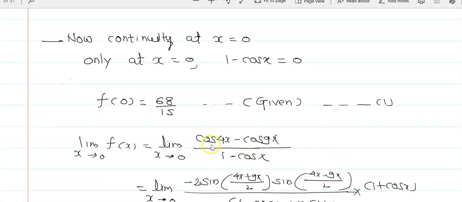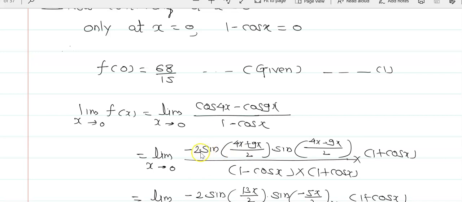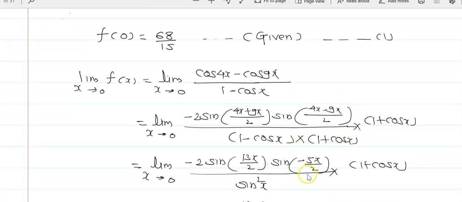Now apply the formula for cos c minus cos d, upon 1 minus cos x. That is minus 2 times sin of (c plus d) upon 2 into sin of (c minus d) upon 2. Rationalize by multiplying numerator and denominator by 1 plus cos x. Apply the formula.